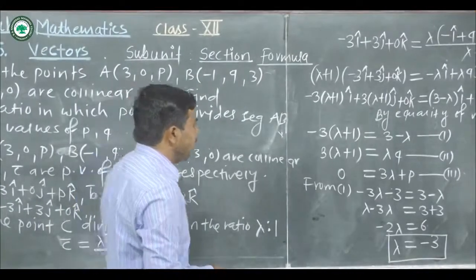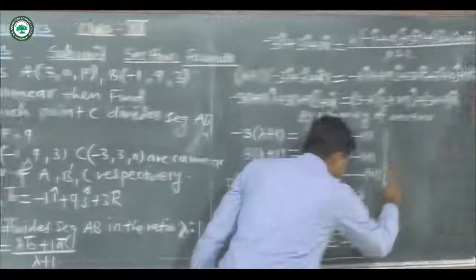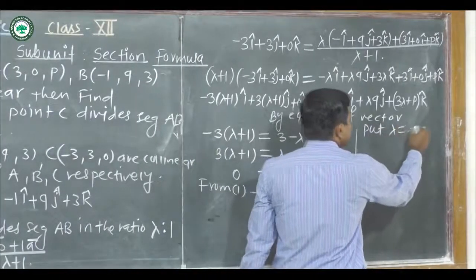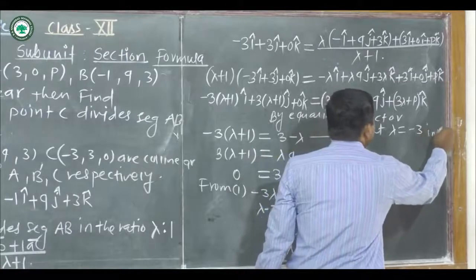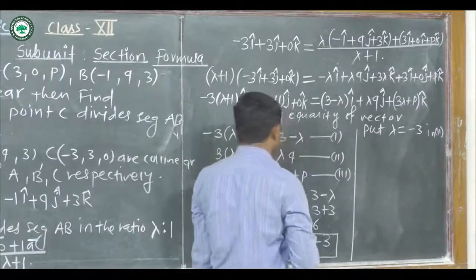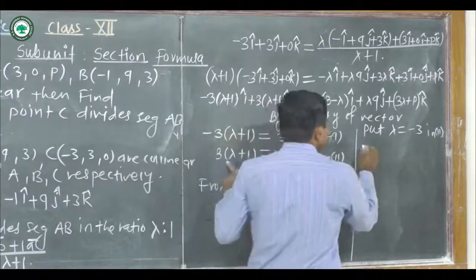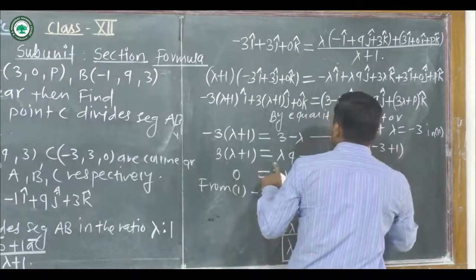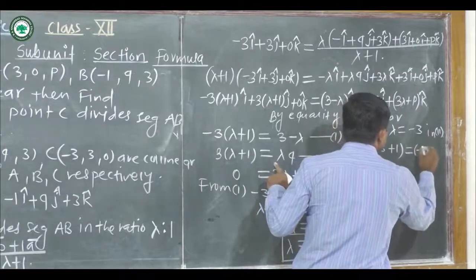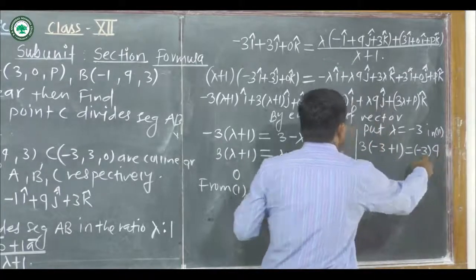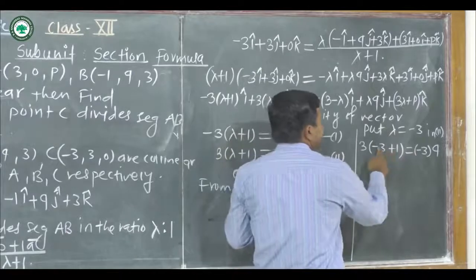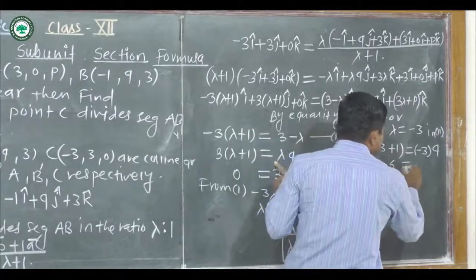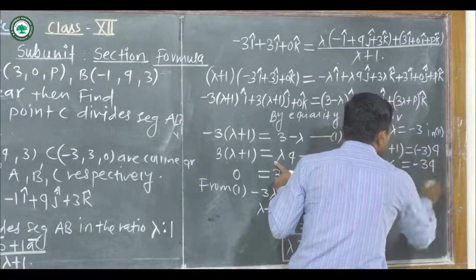Put this value of lambda in equation 2. Put lambda is equal to minus 3 in equation 2. So here 3 into lambda, that is minus 3, plus 1, is equal to minus 3 into q, because lambda is minus 3. 1 minus 3 is minus 2, and minus 2 into 3 is minus 6, is equal to minus 3q.